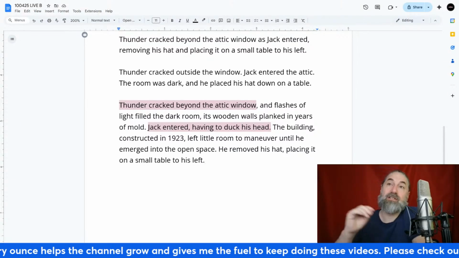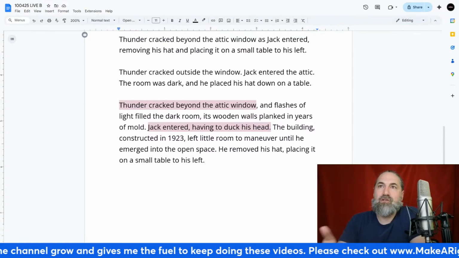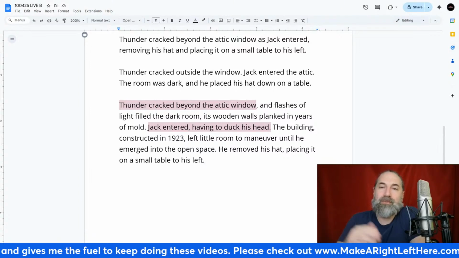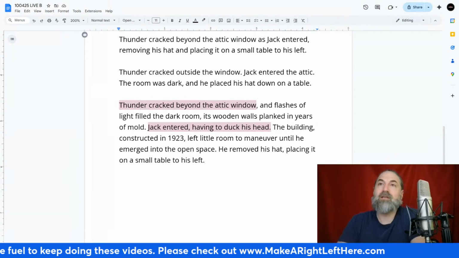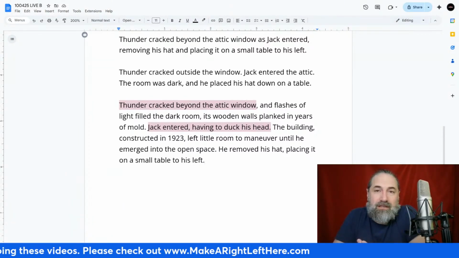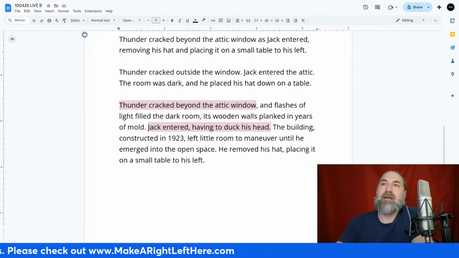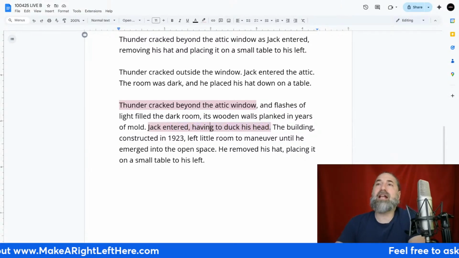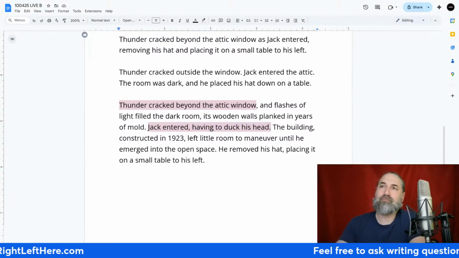So then that also gives time. Is in due parts ownership to the eldest brother. Now we know the building was built in 1923. That connects back to having to duck. You could even write having to duck his head.